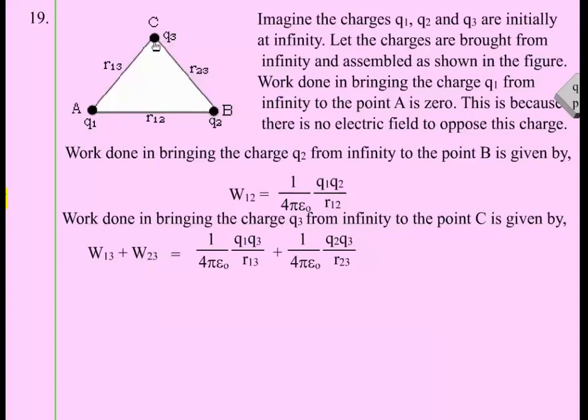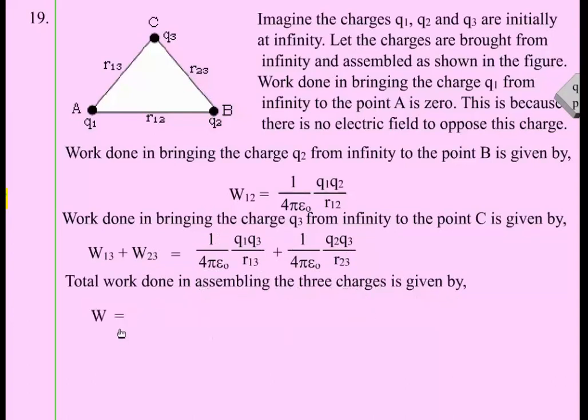Therefore, work is done against the opposition of this one. It is given by W13, and the opposition of this one is given by W23. That is 1 over 4 pi epsilon naught Q1 Q3 divided by R13 plus 1 over 4 pi epsilon naught Q2 Q3 by R23.